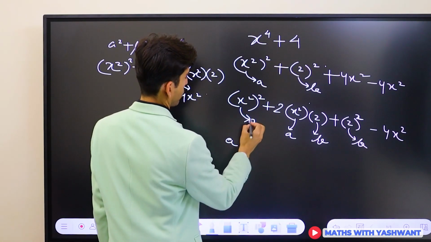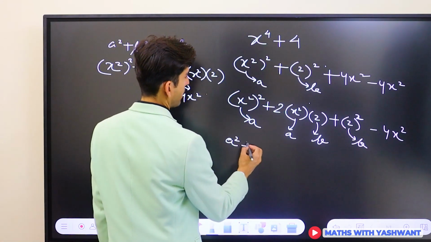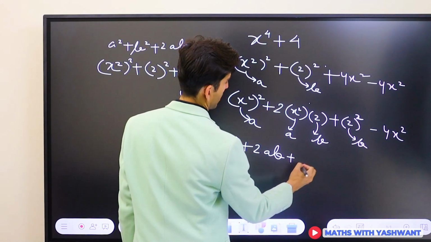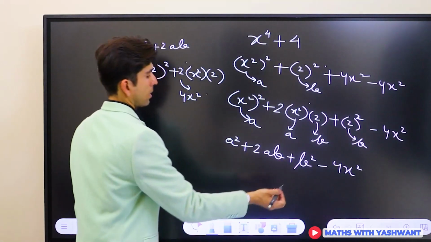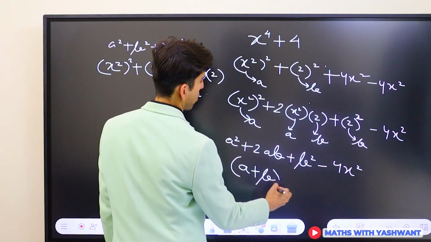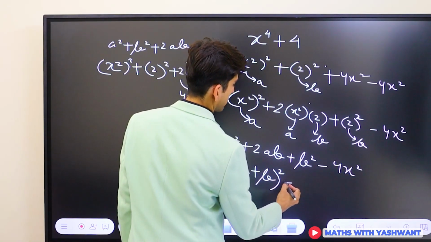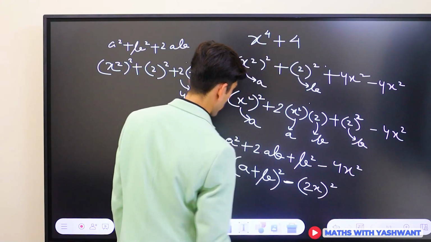So we put the values of x square and 2 as a and b, and we get a square plus twice ab plus b square, and at the end we have negative 4x square. Now a square plus 2ab plus b square, we can write as a plus b whole square, and for the negative 4x square, we have 2x whole square.